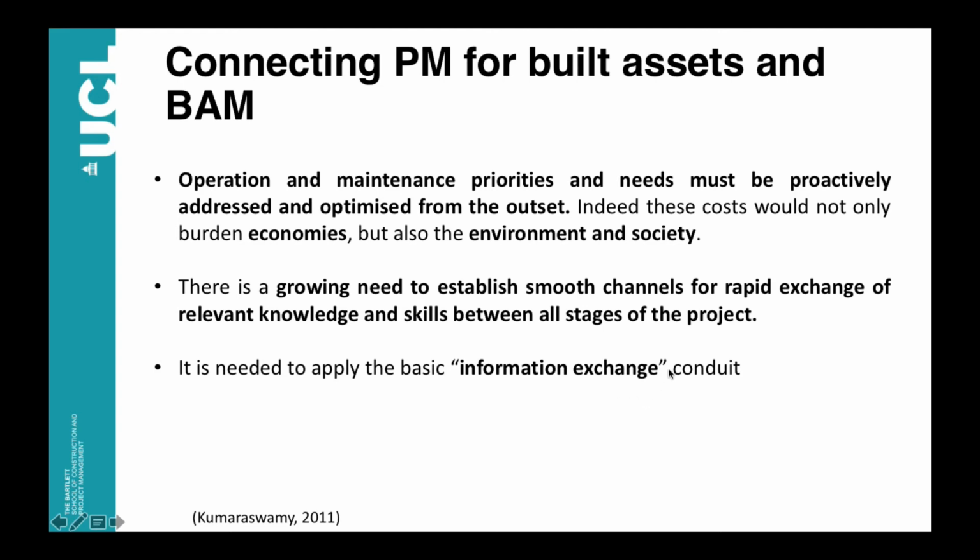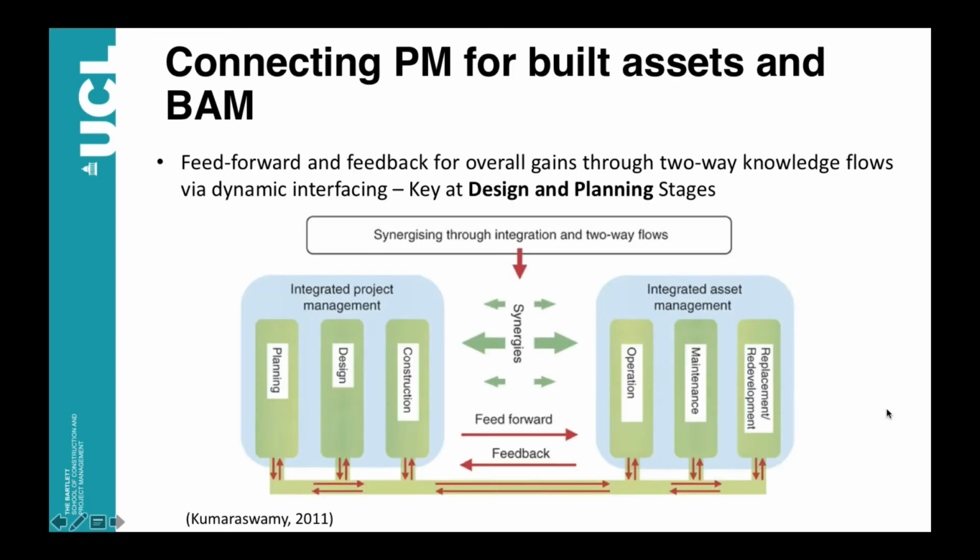So we need to apply the basic concept of information exchange in order to make our construction projects more effective in terms of the way we are going to manage the built asset. This is the model which represents how the relation between project management and asset management should be.